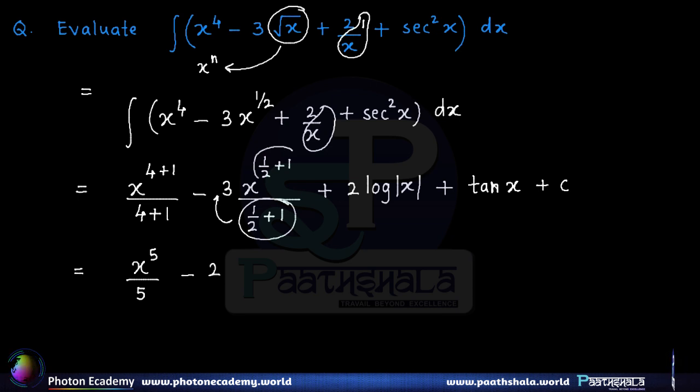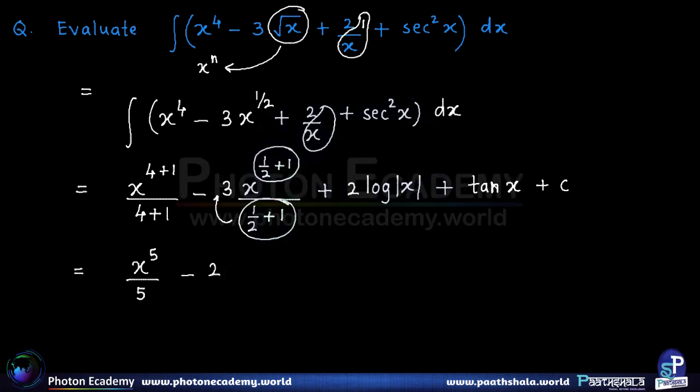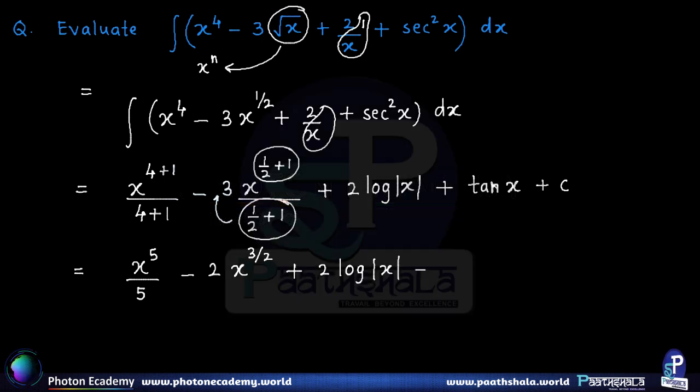And for x, we have the index as once again 1 by 2 plus 1, that is 3 by 2. So therefore that becomes x raised to 3 by 2 plus 2 log x plus tan x plus c. So that is the final answer.